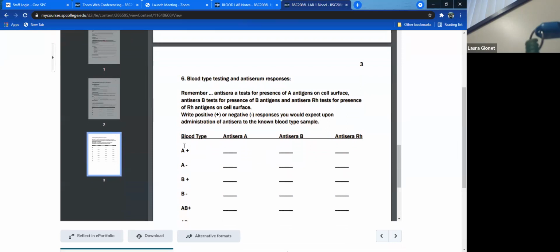So we're just saying here, look, if you have A positive blood, I'm telling you what blood type you are, you're A positive. If I put anti-A sera into that well plate, would you expect a positive or negative reaction? Well, if you have A antigens and I put A antibodies in there, I would expect a positive reaction because you're going to get agglutination. What would happen if I put B antibodies in there? It would be a negative reaction because there are no B antigens on the cell surface.